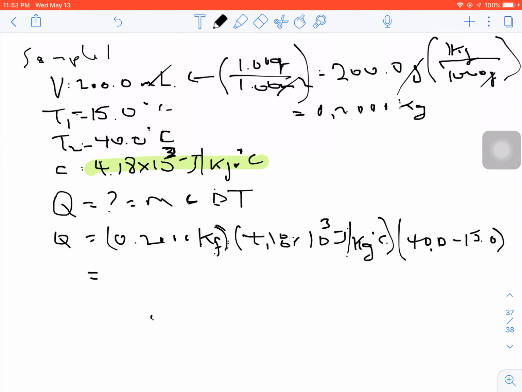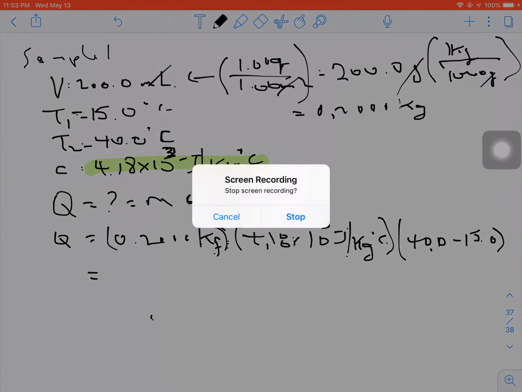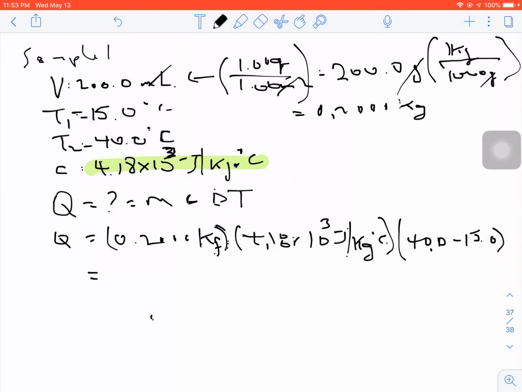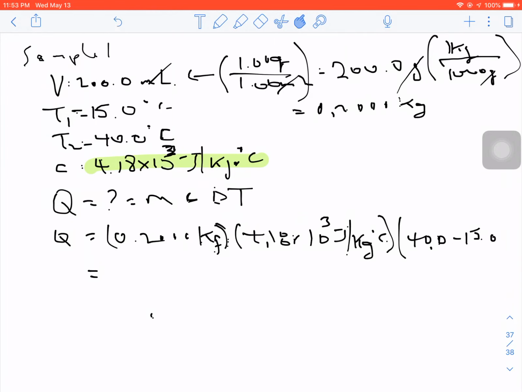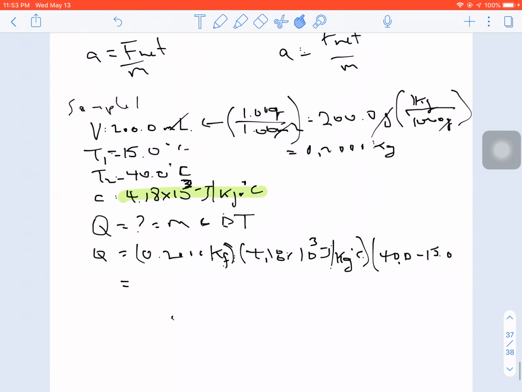I'm going to go back and put my units in here. Notice that my degrees C up here and degrees C down here disappear. My kilograms up here and kilograms in the denominator disappear, and I'm left with units which are in joules.